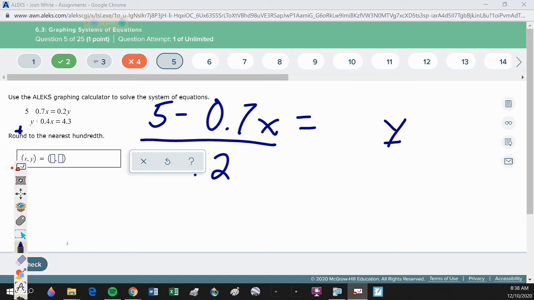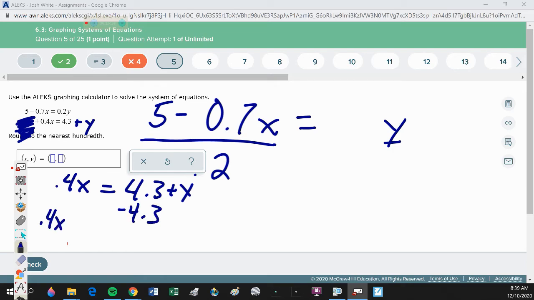I'm going to add y to the right side. What else do I need to do? So this goes away. So now I have 0.4x equals 4.3 plus y. I need to subtract the 4.3 to the other side. So those are my two equations.